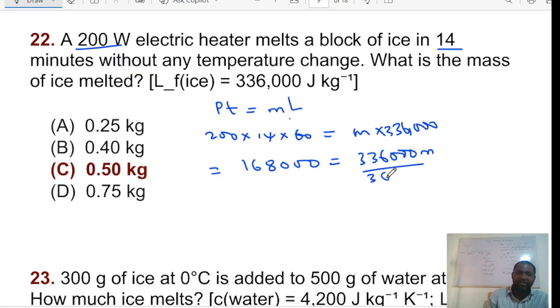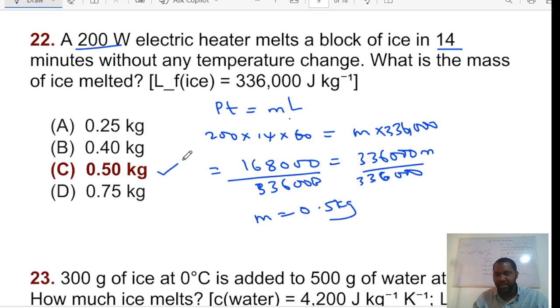Dividing both sides by 336,000, m is 0.5. So 0.5 kg is the answer to this question. Quite easy, right?